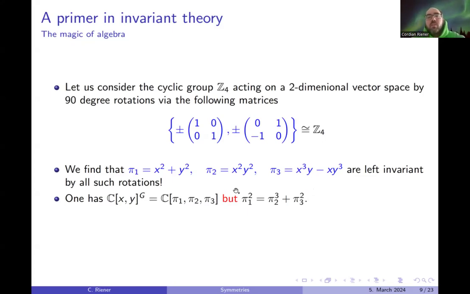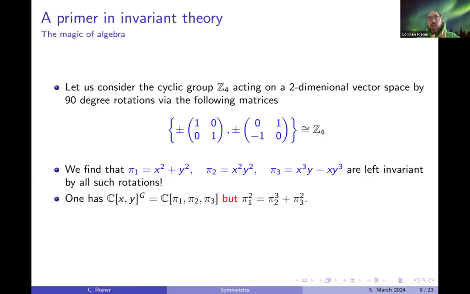So these 3 elements that I have here, pi1, pi2, and pi3, they can no longer be algebraically independent, right? So there must be algebraic dependencies amongst them. And in fact, if one does the math, one finds that the first squared is the same as the second cubed plus the third squared.